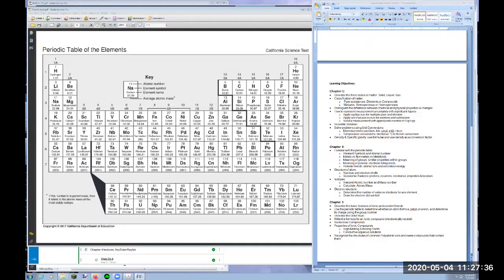Density: remember the formula correctly, it's mass over volume. You want to write down the units, and typically it's grams per milliliter or sometimes grams per cubic centimeter. If it's a solid, it's going to be gram per cubic centimeter. If it's a liquid, it's going to be gram per milliliter.